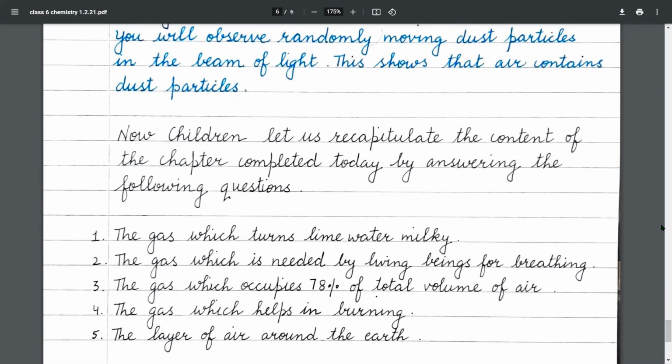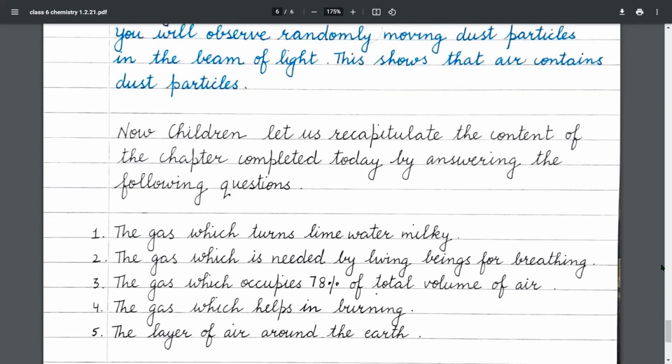Number 3. The gas which occupies 78% of total volume of air. Number 4. The gas which helps in burning. And number 5. The layer of air around the earth.